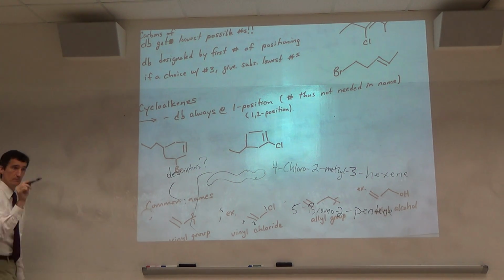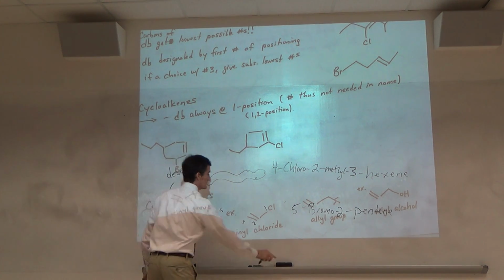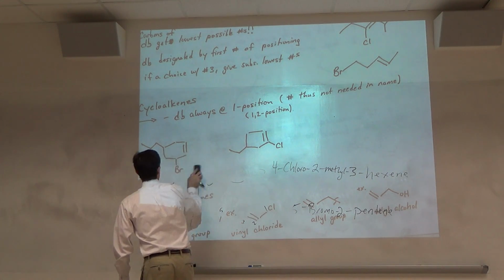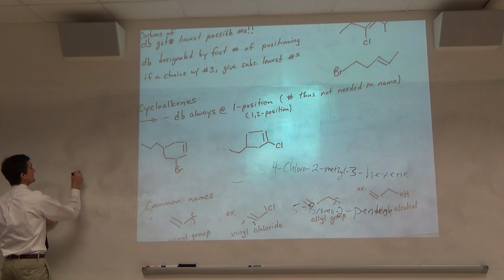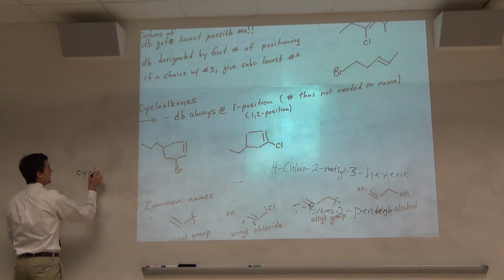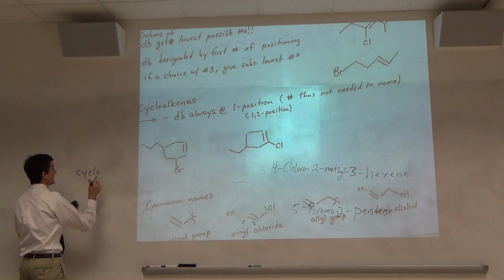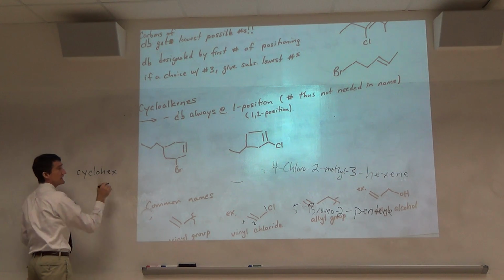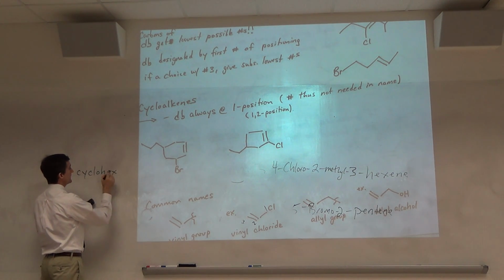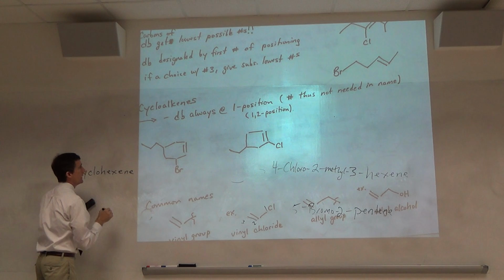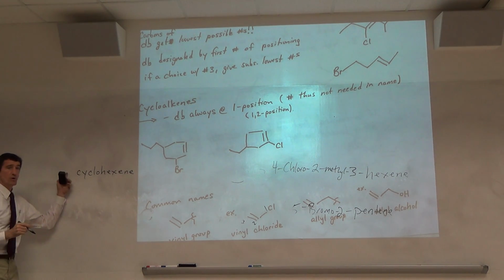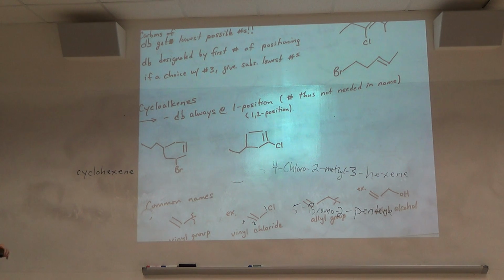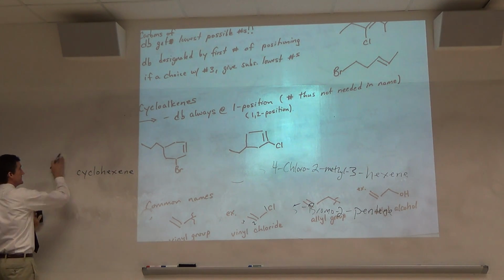You include it in the 1, 2. So this is a what size ring? If the double bond wasn't there, what would it be? It'd be cyclohexane, but we have a double bond, so cyclohexene. Where's the double bond? 1 position. We don't have to write the 1, okay? But we act as if it's there.